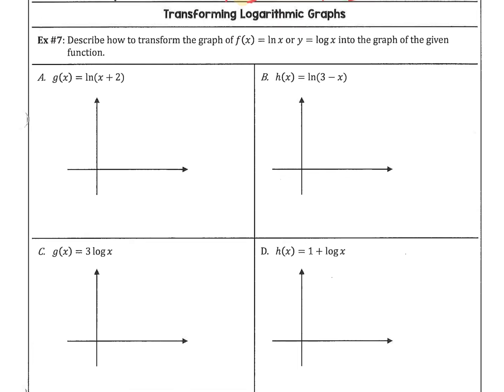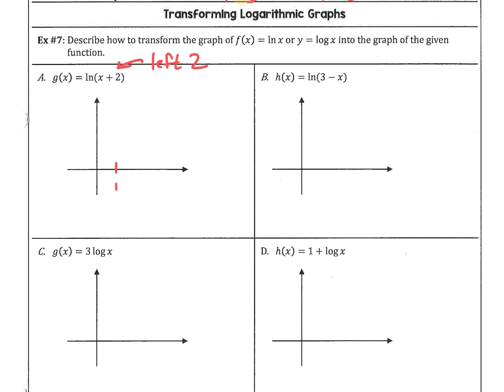Describe how to transform the graph into the graph of the given function. So now we need to do our transformations. What transformation is this? Tell me what that transformation is, guys. Left 2. All right. So this guy is normally at 1, isn't it?